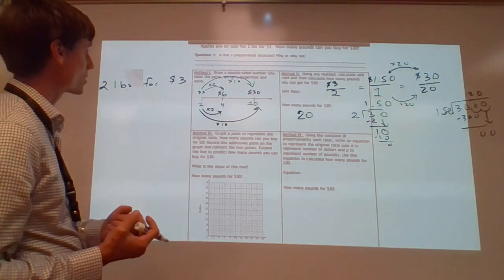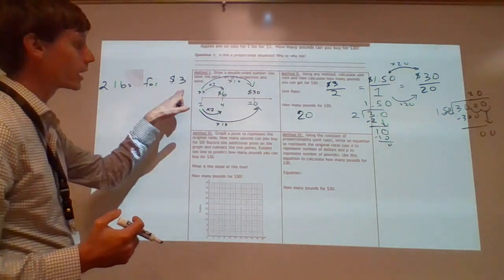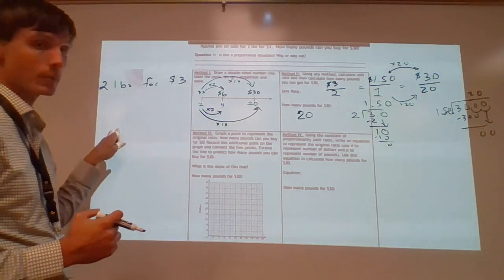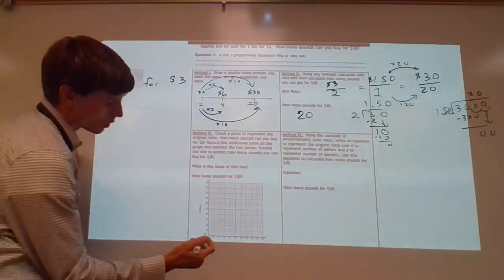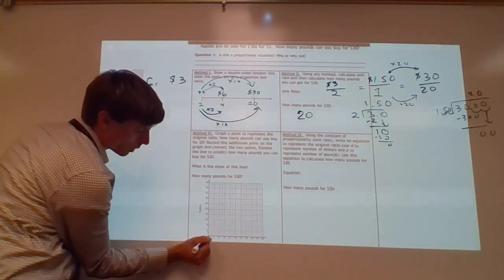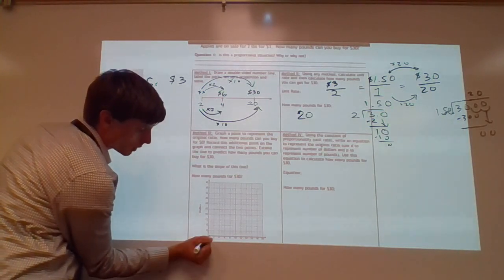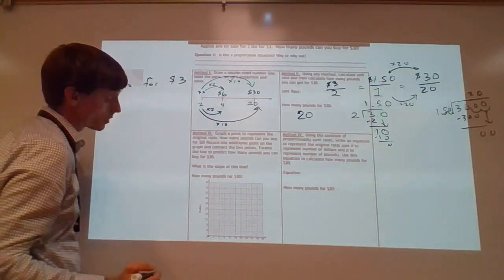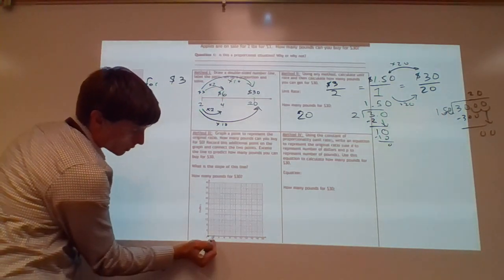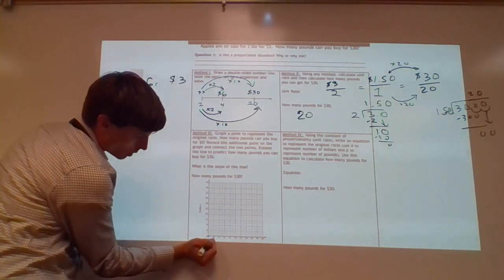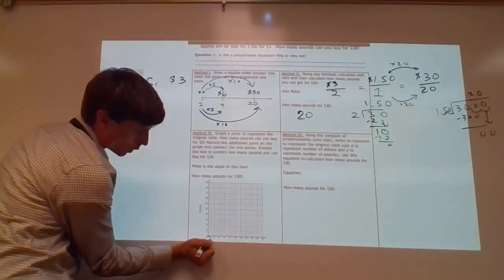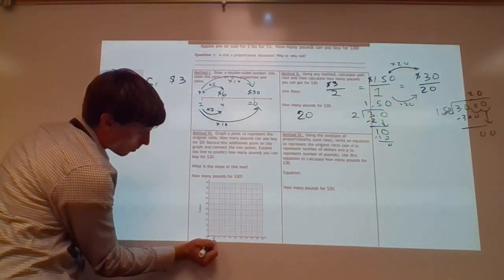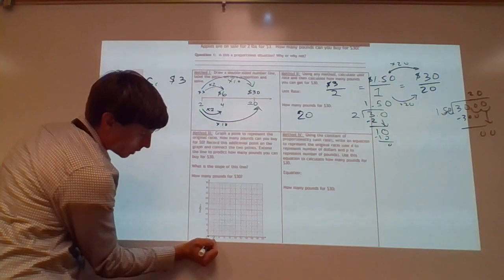Since we have 2 pounds for $3, we can guess 0 pounds is going to be $0. So on our little graph, plot a point there, which is 0 pounds for $0. Then if we go up to 2 pounds, we know that's going to be $3.